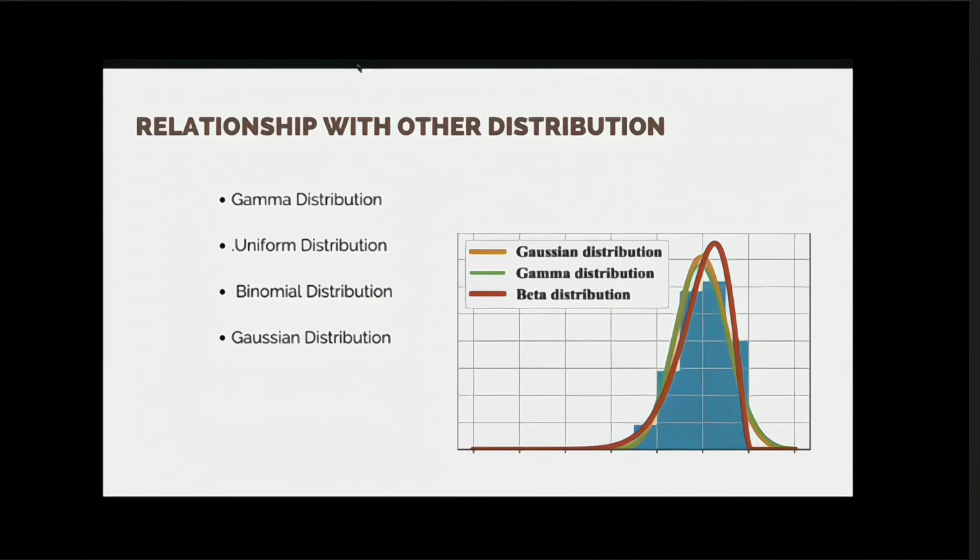Now, let's talk about binomial distribution. The beta distribution is frequently used as a prior distribution in Bayesian statistics for the success probabilities of the binomial distribution. When we conduct a binomial experiment, for example, flipping a coin, the likelihood of observing a certain number of successes can be modeled using the binomial distribution.